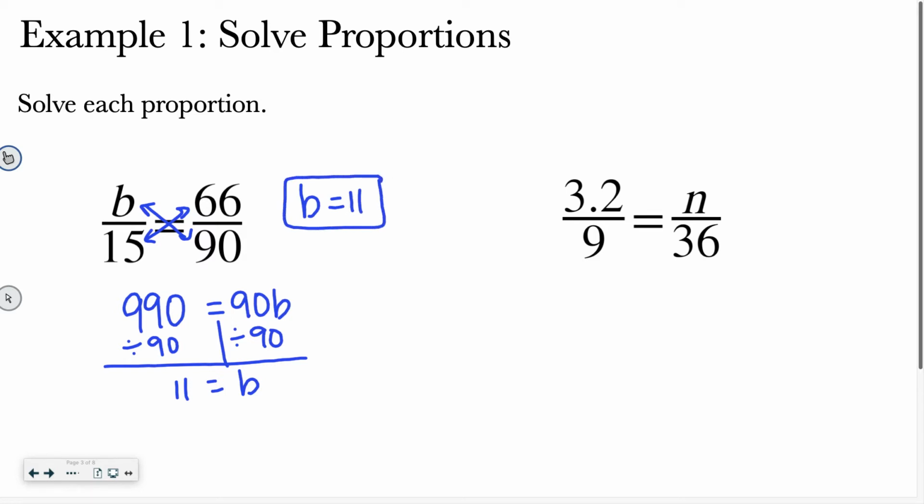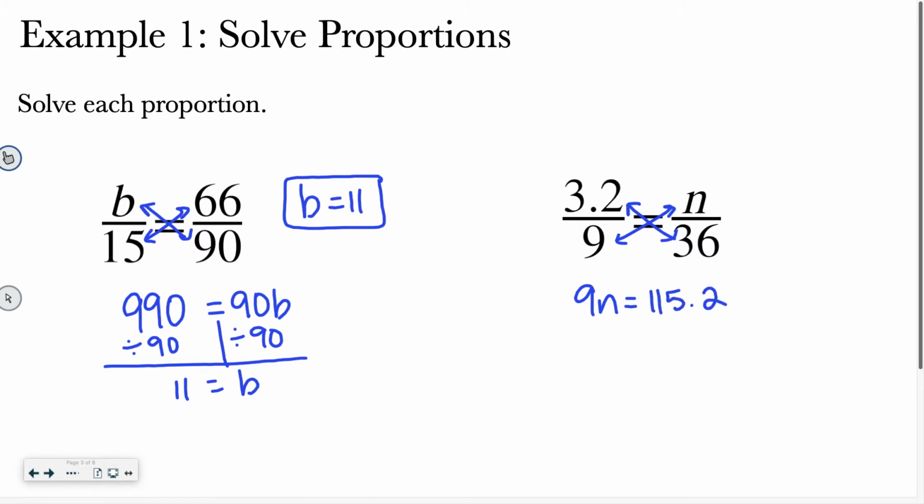Okay, let's try the cross products over here. I have 9 times n equals 3.2 times 36. And you might be wondering, does it matter what order you do the diagonals in? Like, could I do 3.2 times 36 first, and then 9 times n second? Yes, you can. Okay? As long as you're multiplying the diagonals together, you will be just fine.